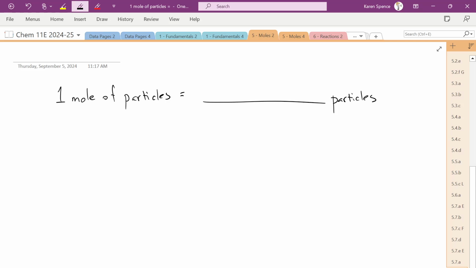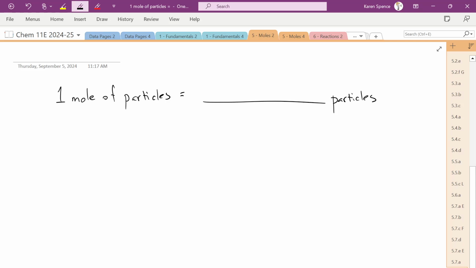Okay, what's the number, everybody? Okay, what's the first digit? 6.02 times 10 to the power of 23. And if you have trouble remembering that 23, do you remember how I told you the charges on your periodic table were as easy as 1, 2, 3 yesterday?